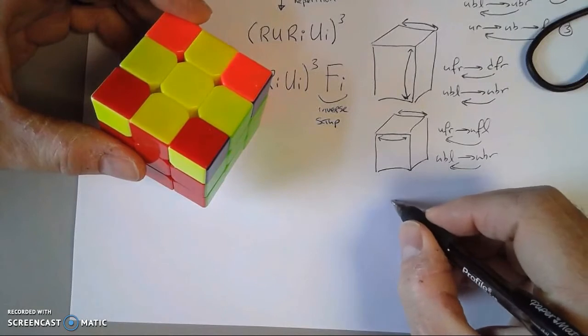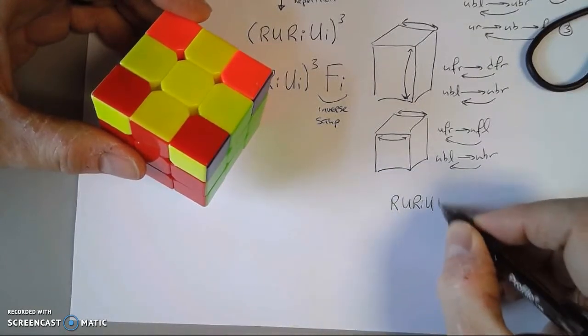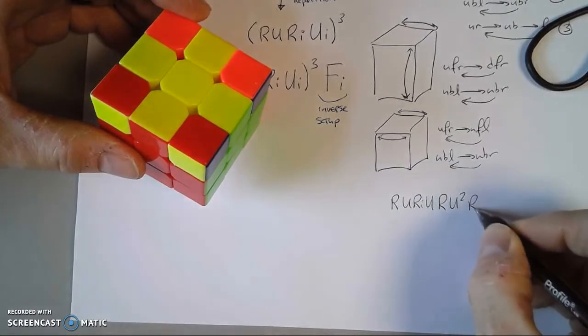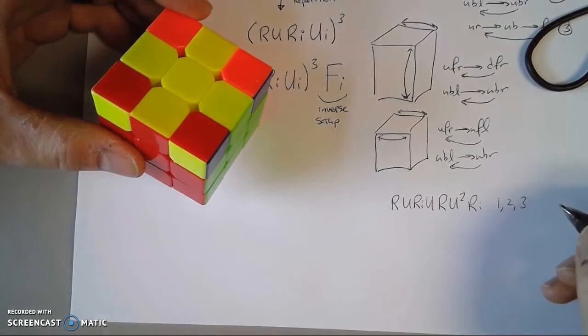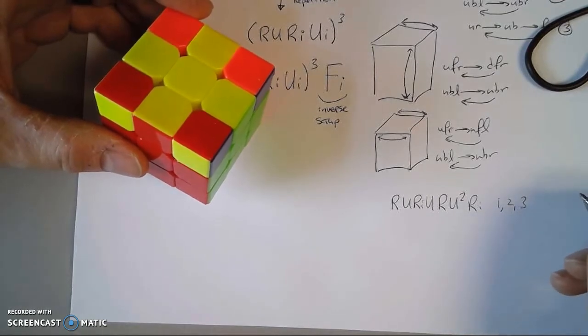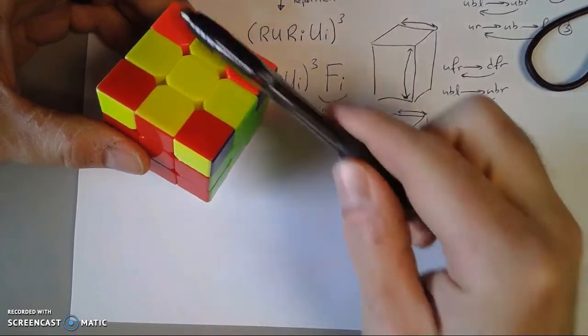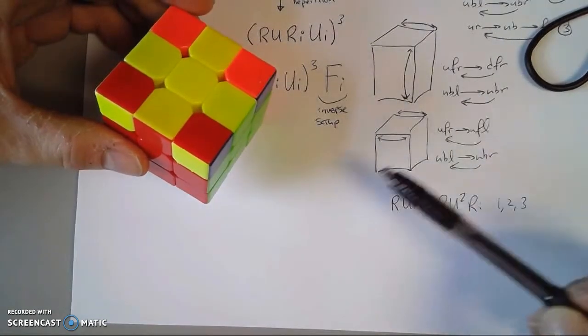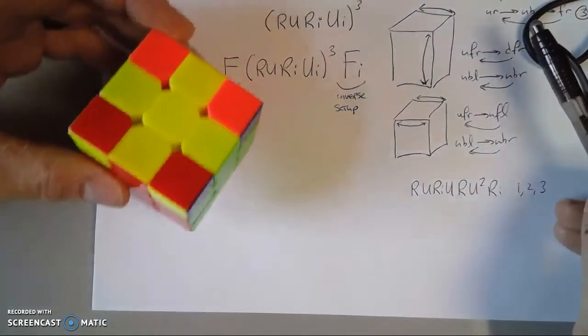In fact, it's R, U, Ri, U, R, U squared, Ri, 1, 2, or 3 times. The idea of what's called 2-look OLL is to get this to be all yellow in just one permutation all the time, and preferably fast permutations.